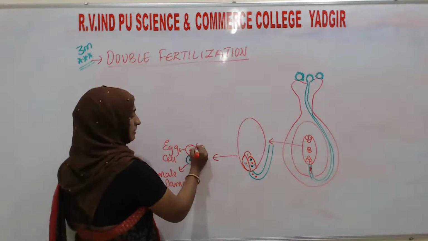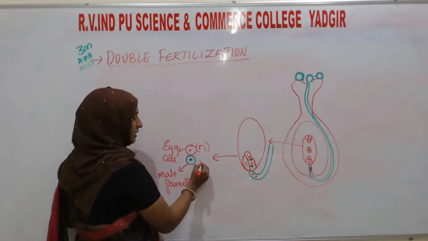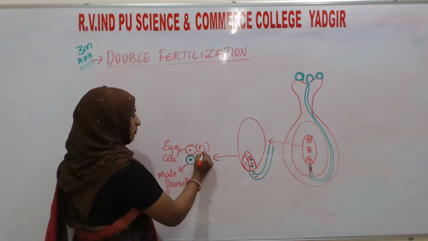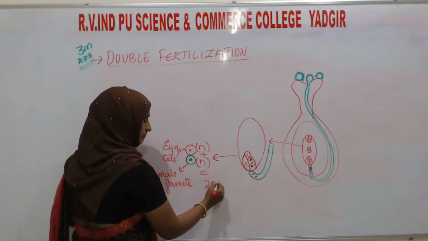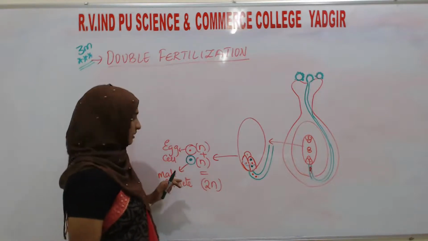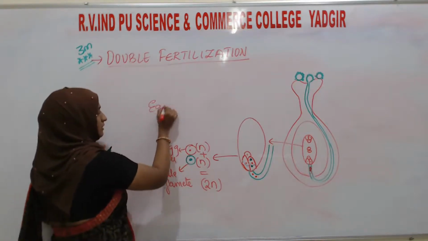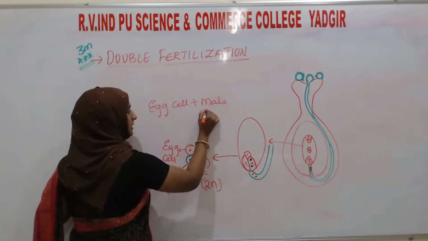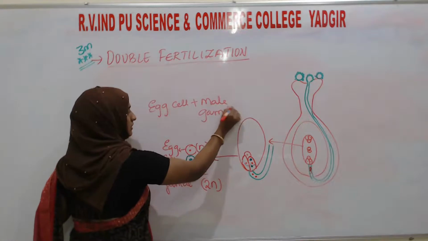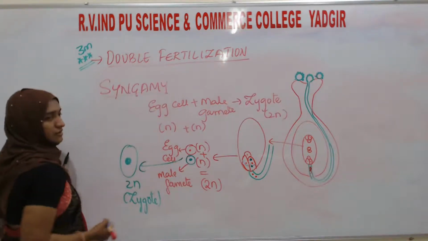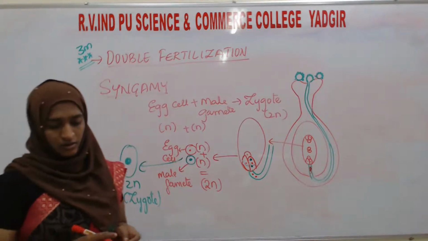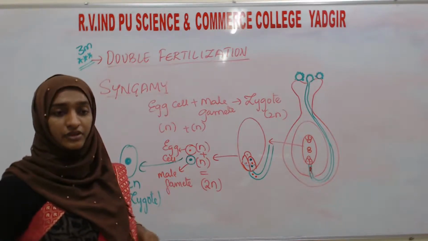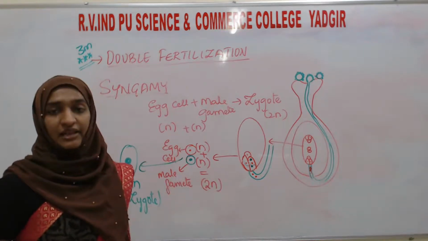The egg cell is haploid, and the male gamete is also haploid. Haploid plus haploid becomes diploid.